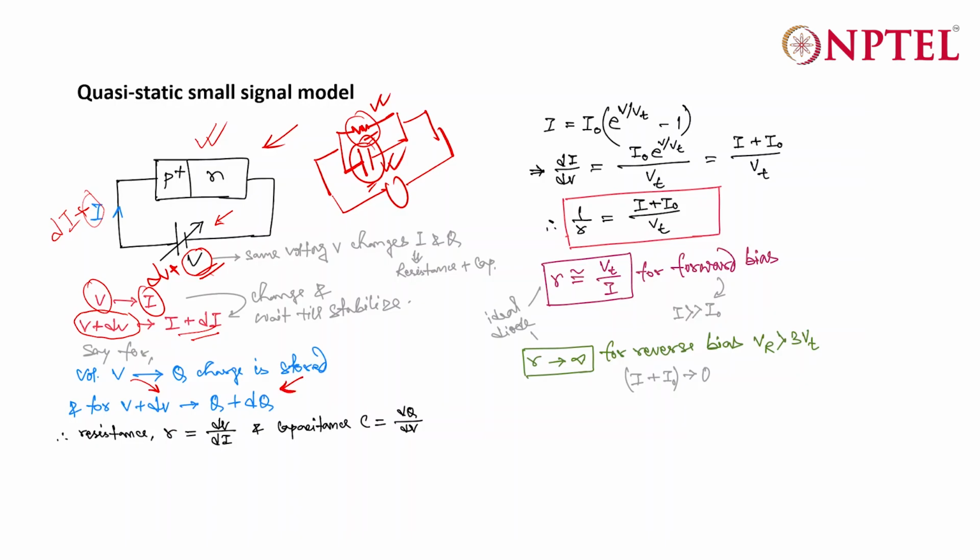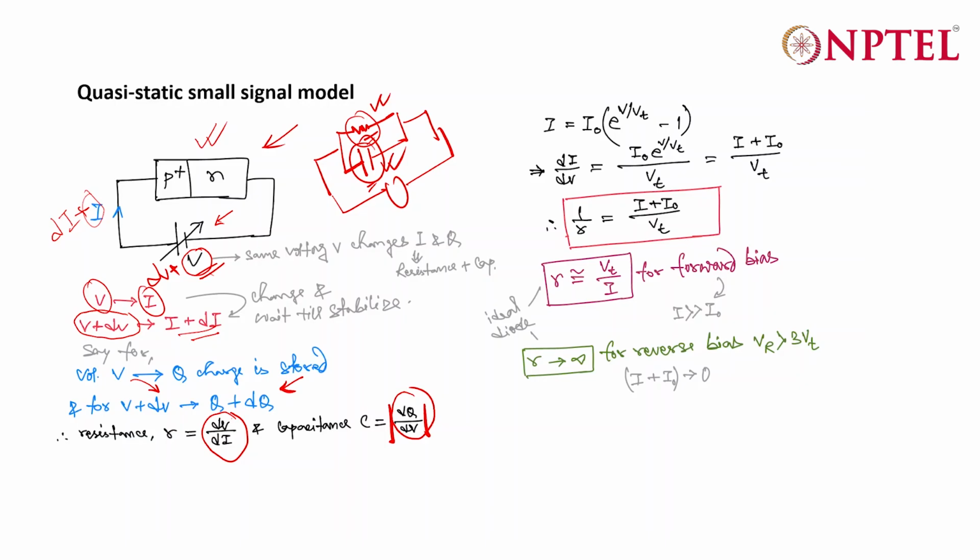So the resistance R can be given by dV by dI, and the capacitance C can be given using dQ by dV. In this case, we will take a modulus of this value, because Q can be positive or negative. However, the capacitance value should be positive. So we will consider a modulus of dQ by dV while calculating the capacitance.